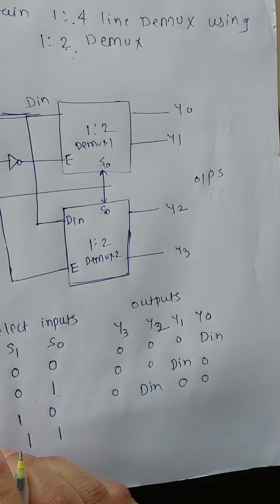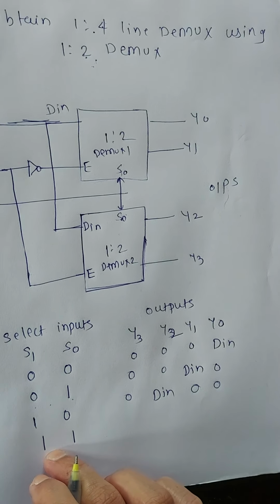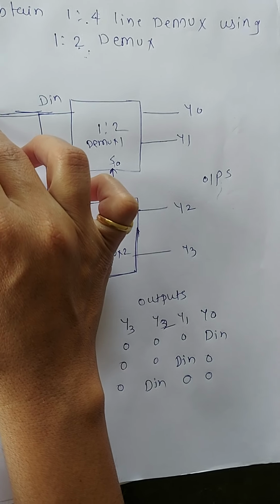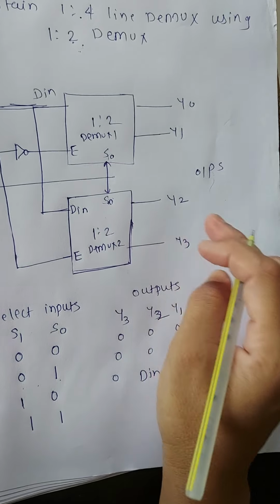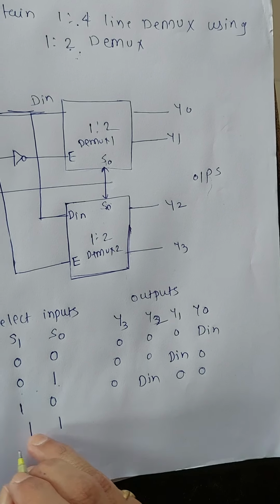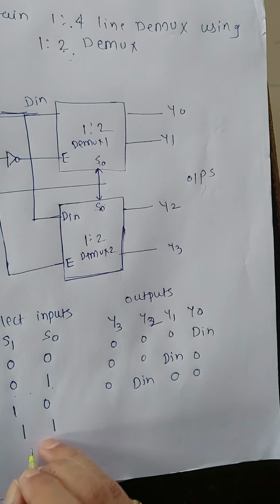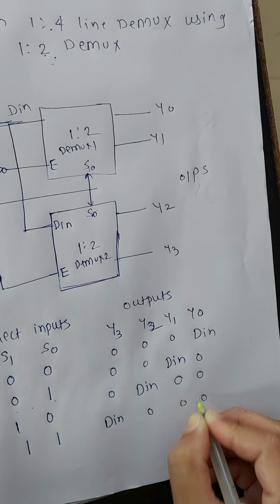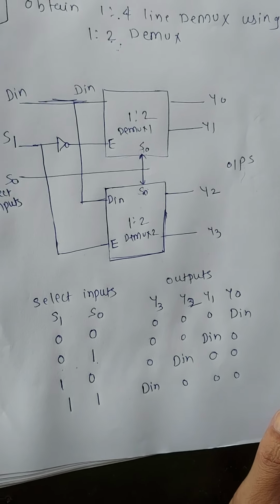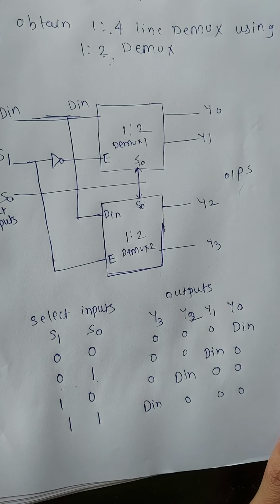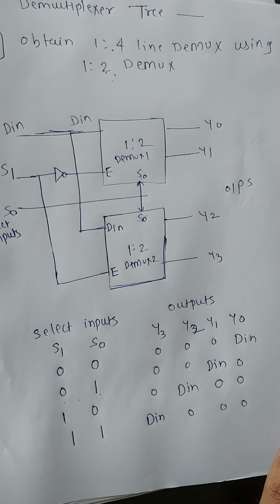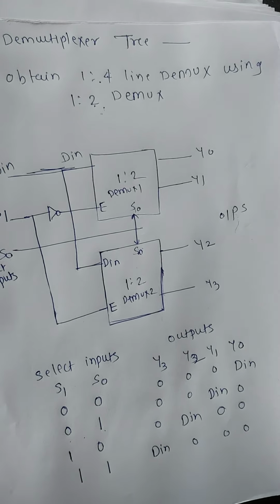When the select lines are 1 1, the D in data is distributed to Y3, because S0 and S1 are 1 1, and otherwise 0. This is the demultiplexer tree, obtaining a 1:4 demux using 1:2 demux.